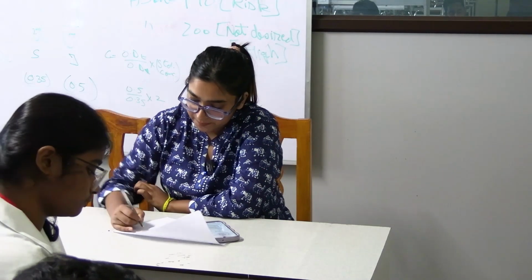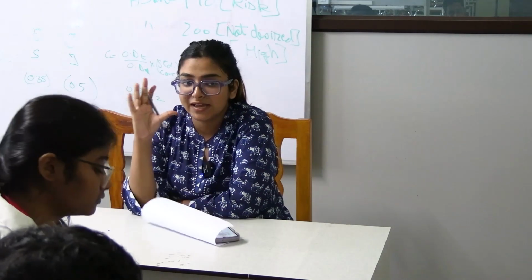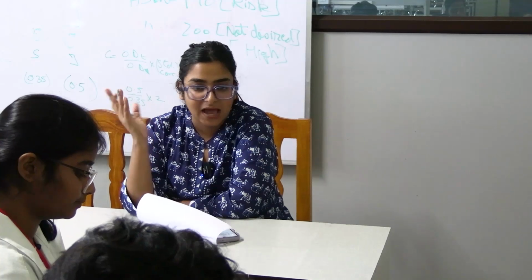Do you want to see a real life ABG? Yes, ma'am. Okay, I'll show you how a real life ABG report looks like. From that ABG, you can get a direct idea of most of what is going on inside your body. You can see acidosis, alkalosis.